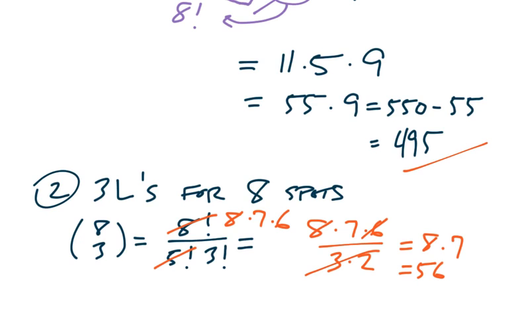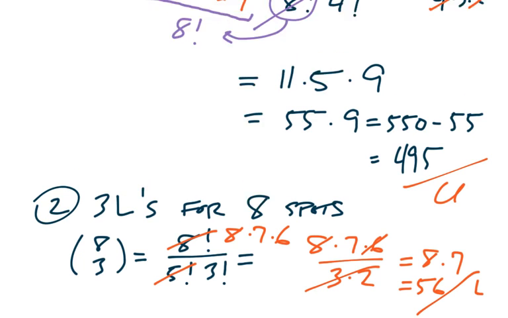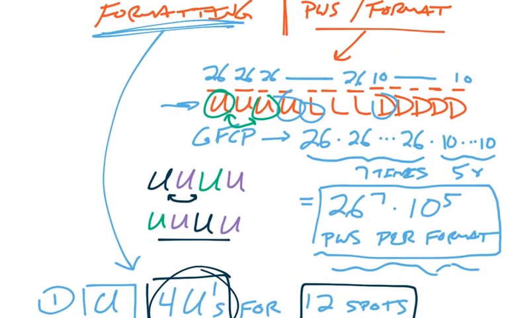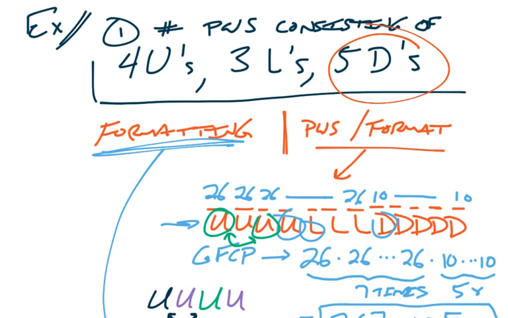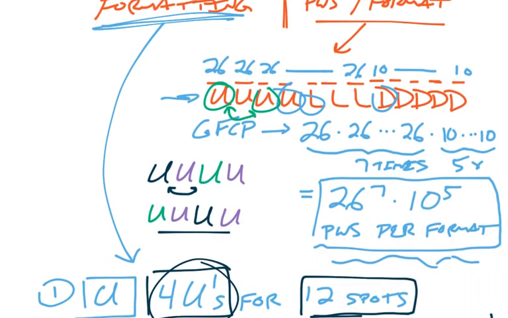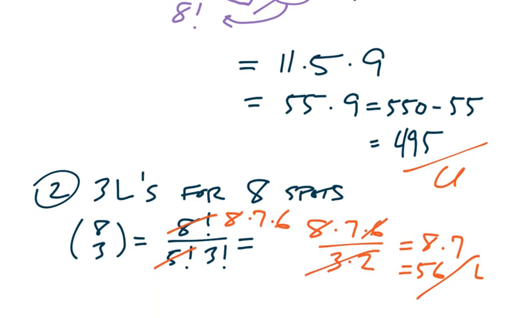All right, so 495 ways accounted for the U's, 56 accounts for the L's, and we only have one other character type, which is the D's. And if you remember back to the end of the last video, if we take 3 spots of the 8 that remain and we fill them with L's, then we're left with 5 spots for 5 digits.